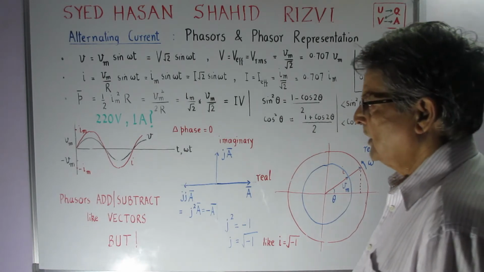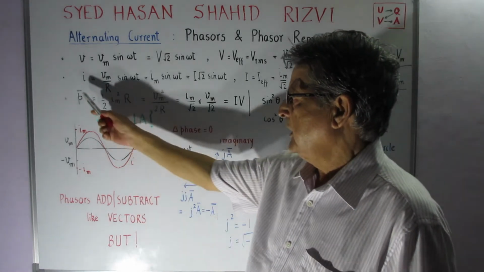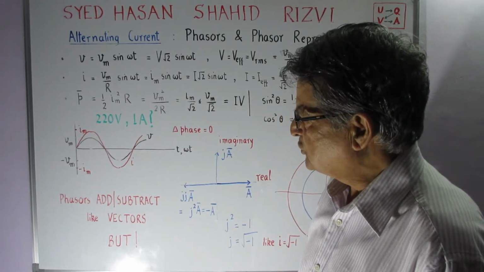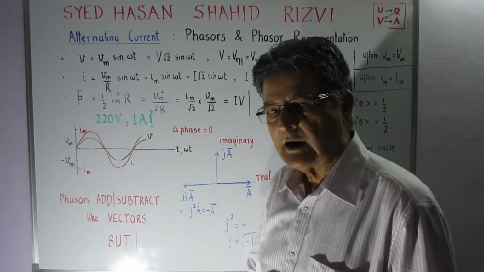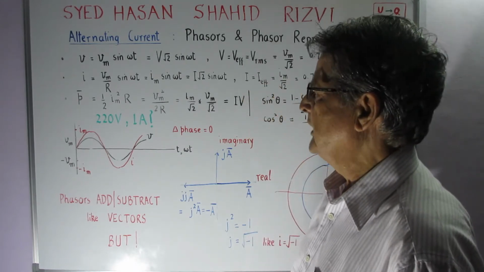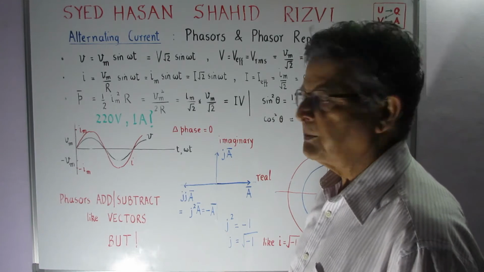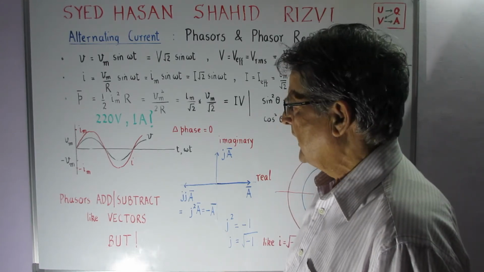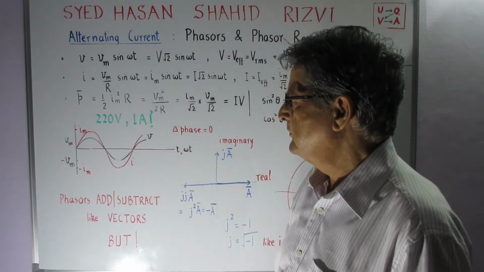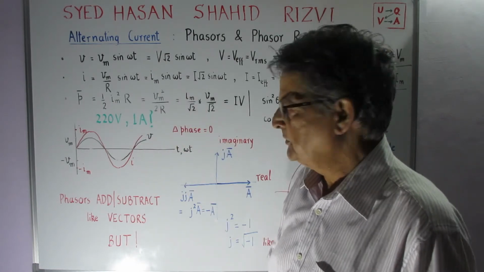Another thing I told you was the power average over a cycle, a single cycle, that is a single time period, that is over an angle of 2 pi radians.